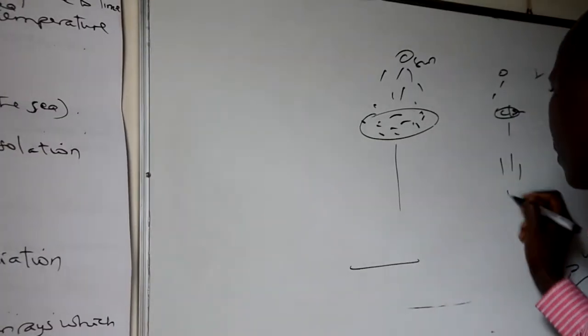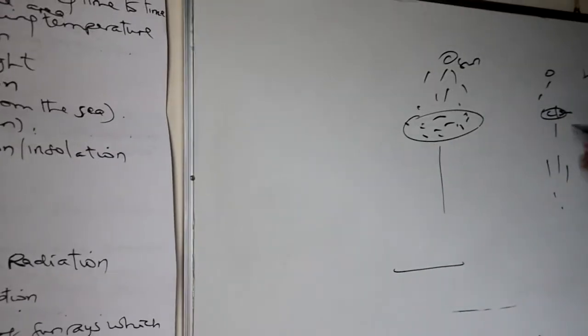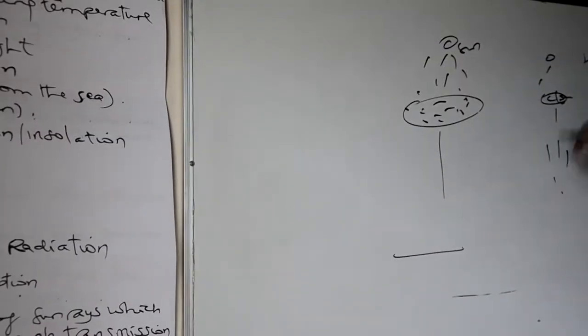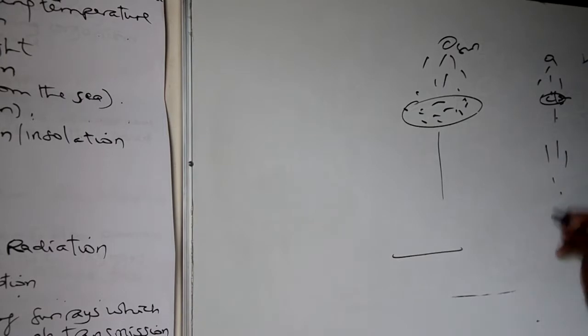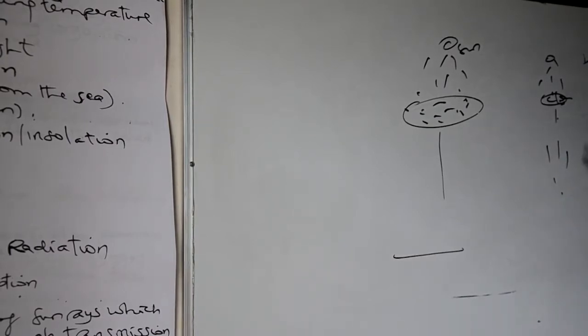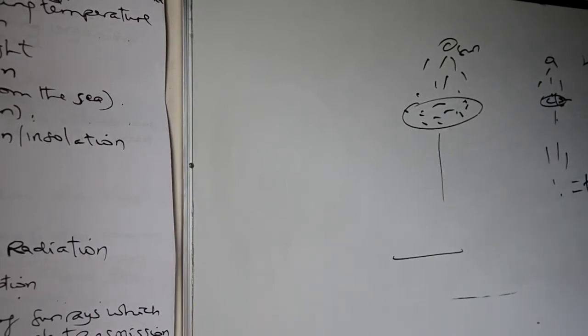But when cloud formation is low, or the concentration is low, the sun rays or radiation penetrate deeply to the Earth's surface and cause high temperature.